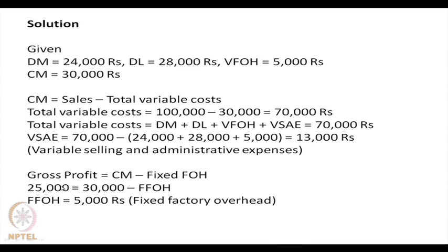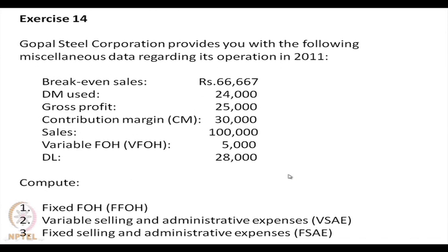Now, gross profit is the contribution margin minus the fixed factory overhead. Gross profit is given as 25,000 rupees.